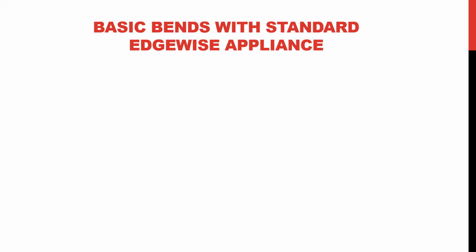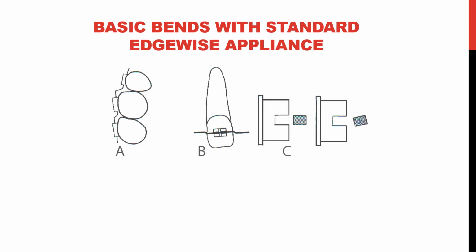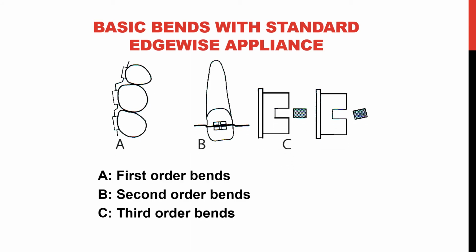To further understand how Andrews invented the straight wire appliance, we need to know how orthodontists managed the standard edgewise appliance. To overcome the limitation of using the same bracket on all teeth, the orthodontist had to do wire bending. They called it the first order, second order, and third order bends.